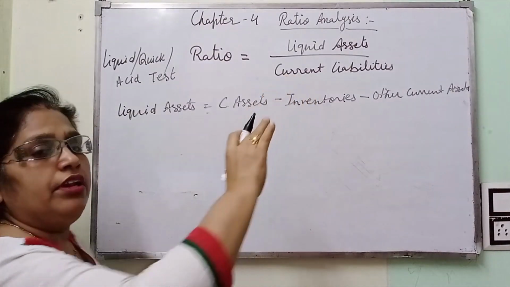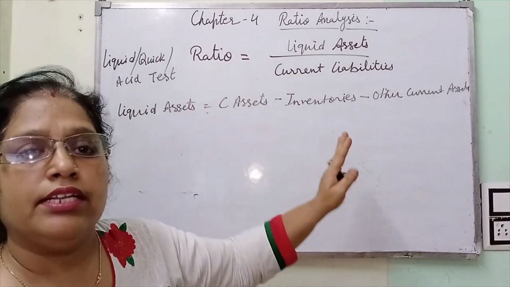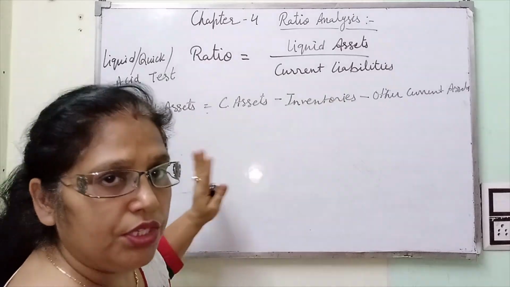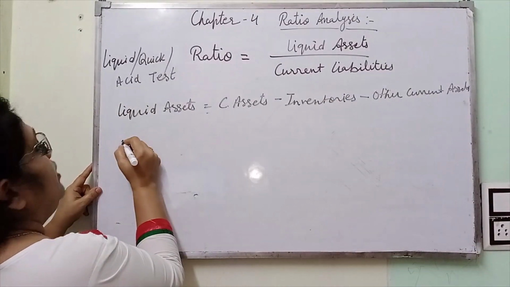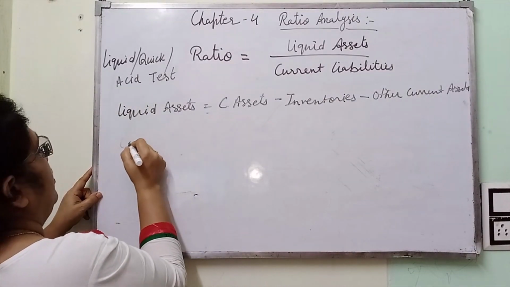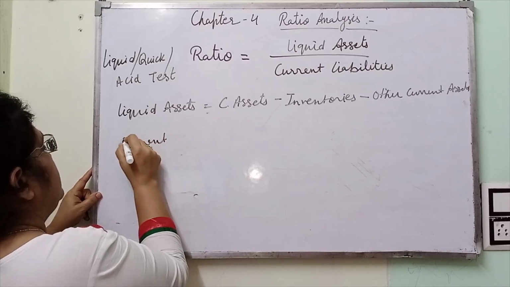And current liabilities will remain the same as they are in the current ratio. So current liabilities will be the same. What do the current liabilities include?